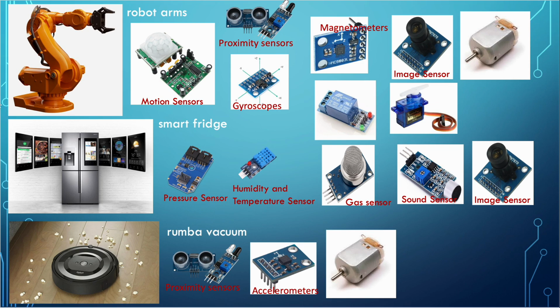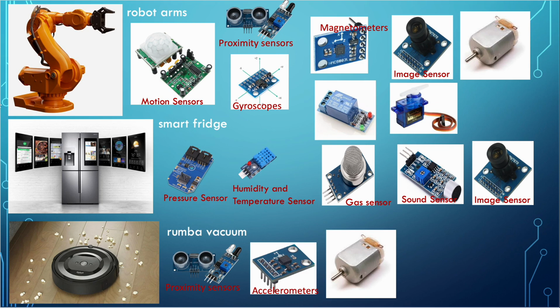But if this is to become an IoT device, this should have the ability to understand or share data. First, obtain data around its surroundings, right? So if you have a manufacturing line, right, you will have motion sensors to see the movement of the arm, or proximity sensors to see how close the arm is to the manufacturing objects.